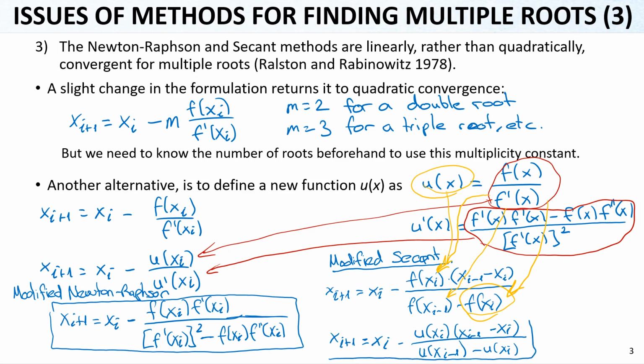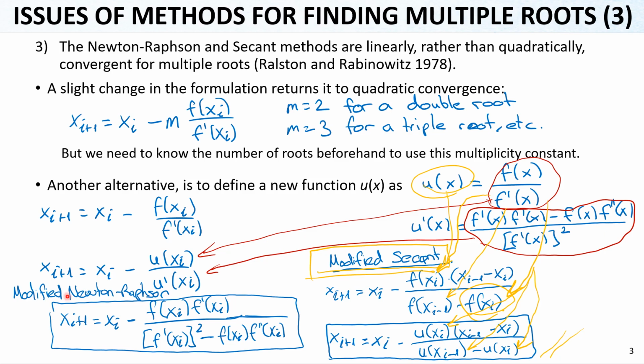And now we can substitute u(xi) and u(xi-1) by these, simply here as well, and here too for u(xi-1). And this function is the modified secant function, so we can have this function as well.